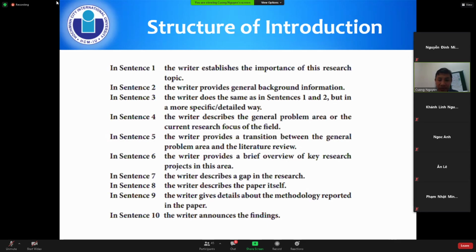And number 5, transition to lit review. Number 6, lit review. Number 7, research gap. Number 8, number 9, and number 10, about the paper itself. That is the overall logic. So it's quite complicated, basically, class.